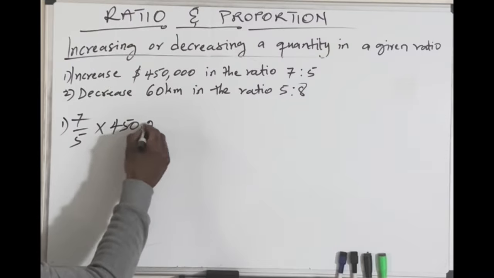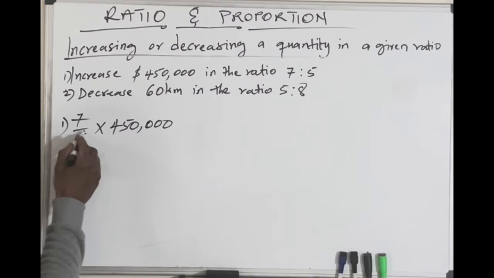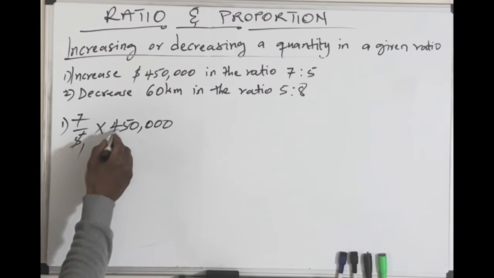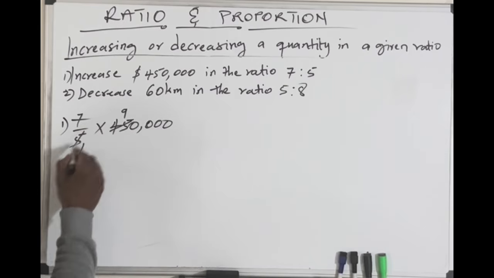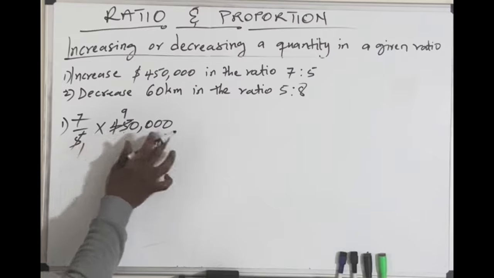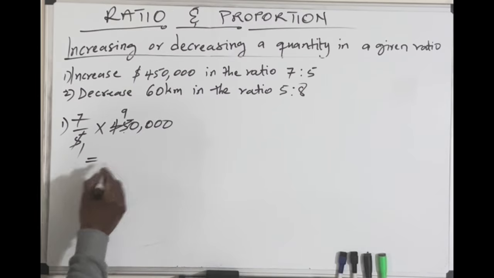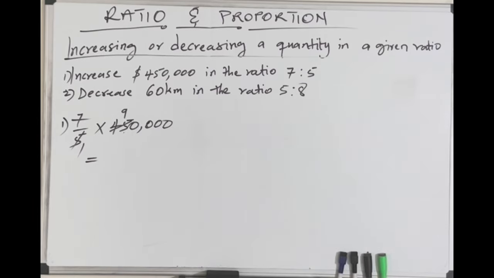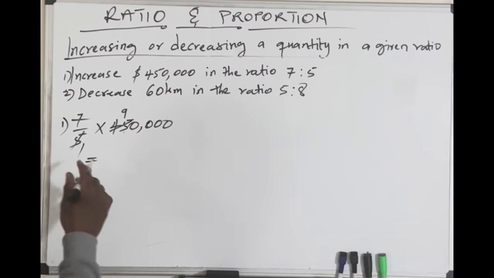The 450,000. 5 goes here, 1 goes here, 9, 5, 9, 45. So right now we have 90,000. And then you just multiply by 7.